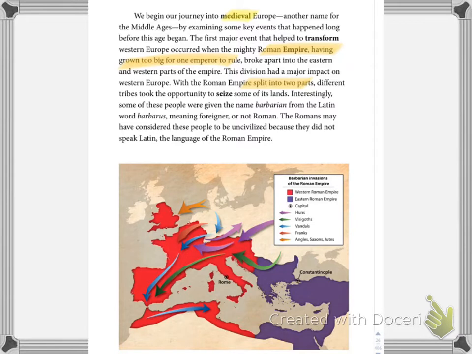If we look down here at the map, we can see that the red is the Western Roman Empire and the purple is the Eastern Roman Empire. Rome was the capital of the Western Empire and Constantinople was the capital of the Eastern Empire.